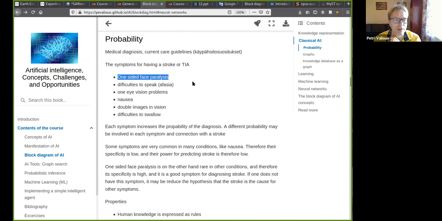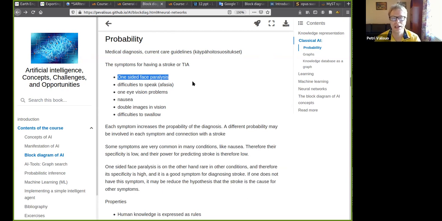And because there are not many other diseases in their database which also cause this one-sided face paralysis, they know that this is a very specific property for TIA. So that's why it's one of the most important ways of diagnosing it.